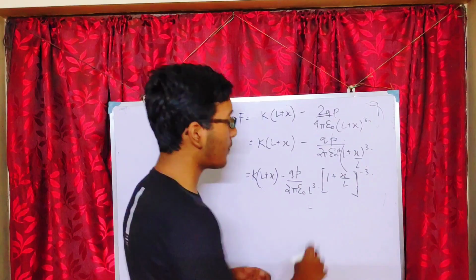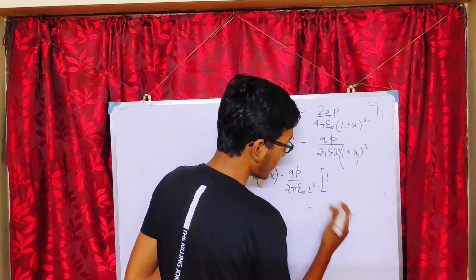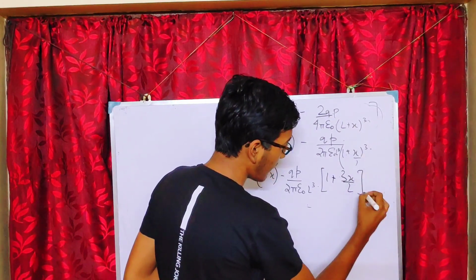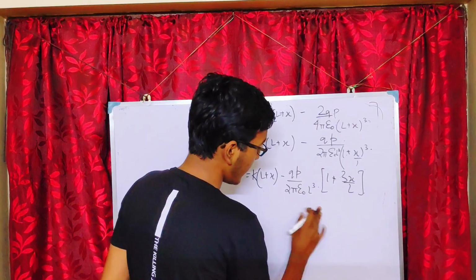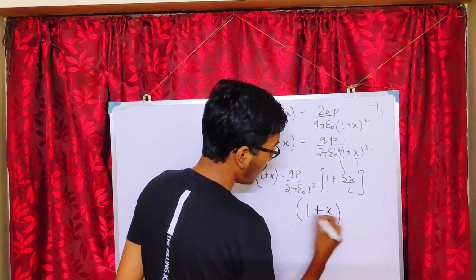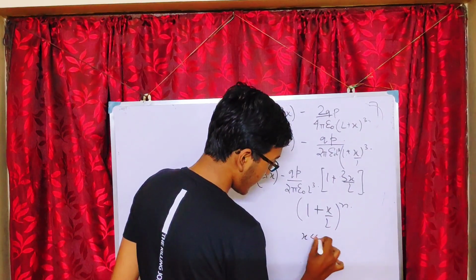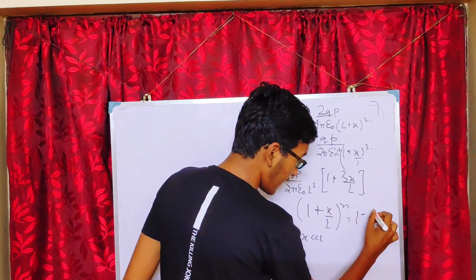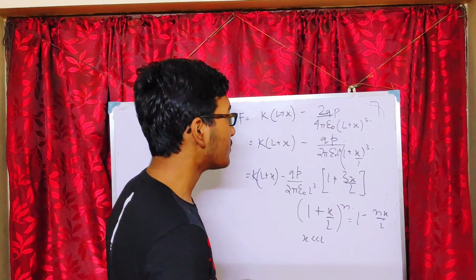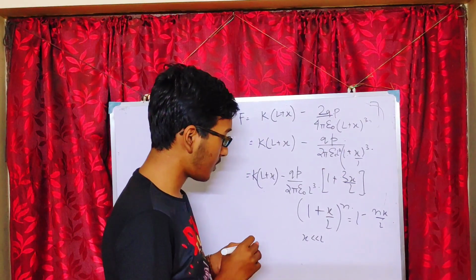So using binomial approximation I can do this. I bring the minus inside. This would be plus x by L. What I have essentially done is (1 plus x by L) whole to the power n, if x is less than L, I have written this as 1 plus n x by L, right? So this was minus, that is why this is plus, right?